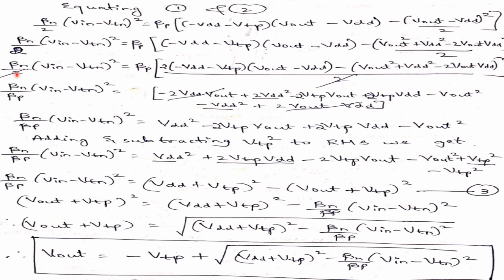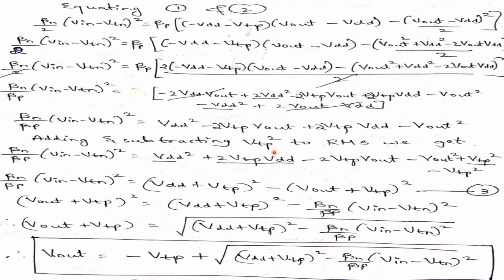So these denominator 2's will get cancelled. Beta P is taken on the left hand side. So on the LHS we will have beta N by beta P, (Vin minus VTN) square. And these two brackets are multiplied and a few of the terms will get cancelled. And this is the expression you get once a few terms get cancelled.